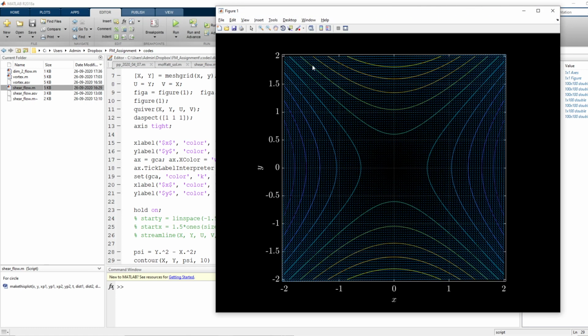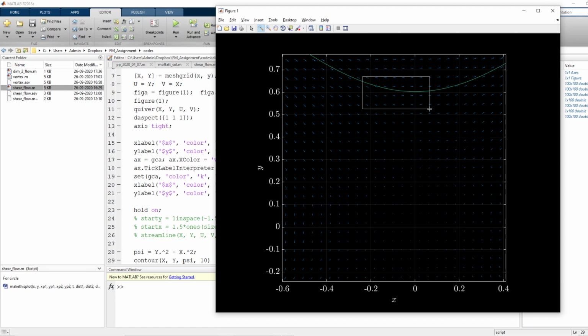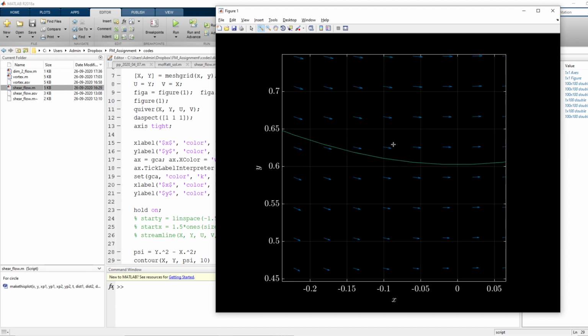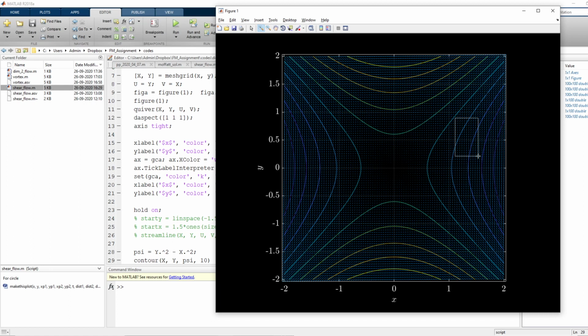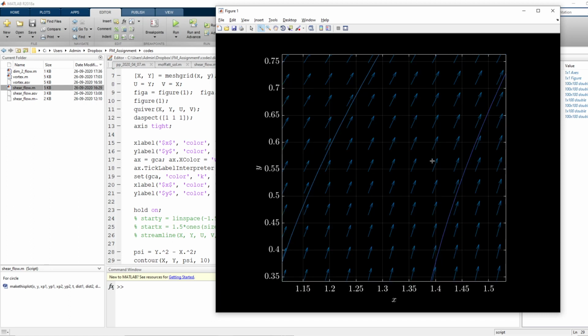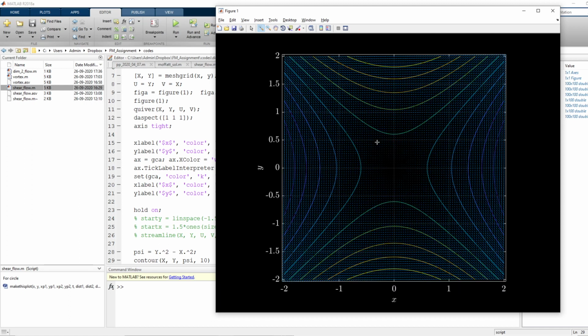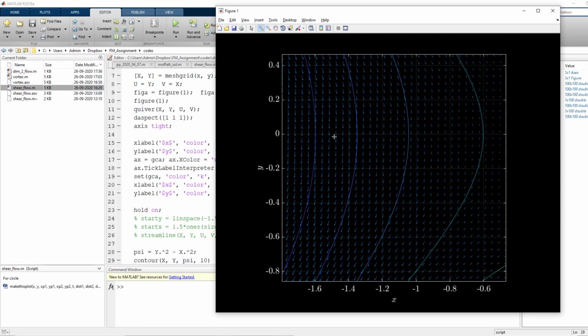There are too many arrows in this, but the lines are now smooth. Are you seeing this? The arrows are still there, but now there are too many arrows. You have to zoom in to see those arrows, and the streamlines and the arrows are parallel. Is it clear, guys?